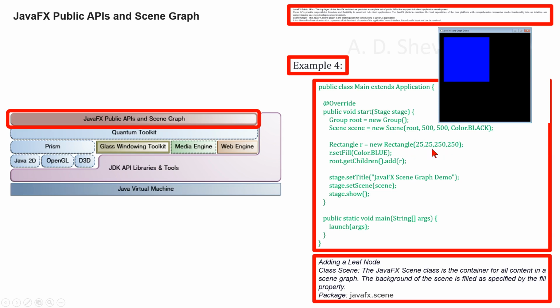By default, x increases from left to right and y increases from top to bottom. This can be affected by transformations. However, this figure shows the results of adding a leaf node.